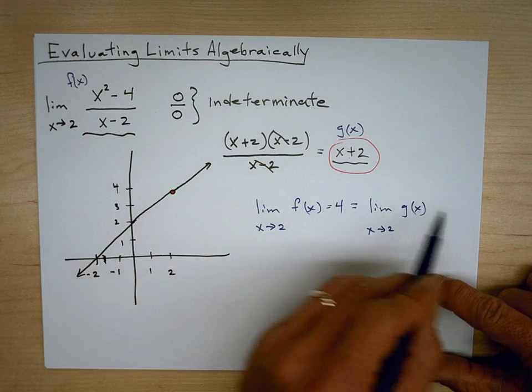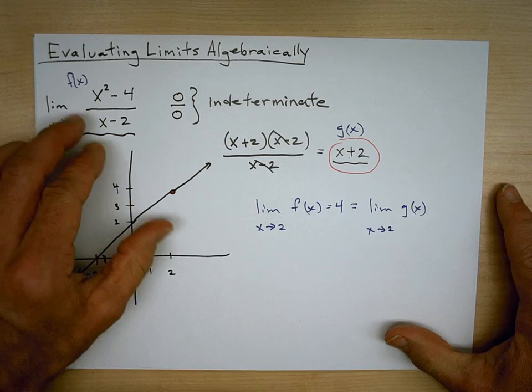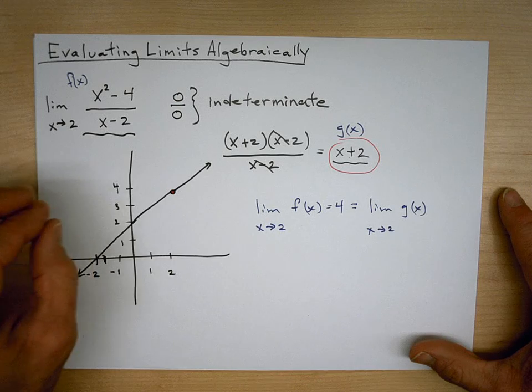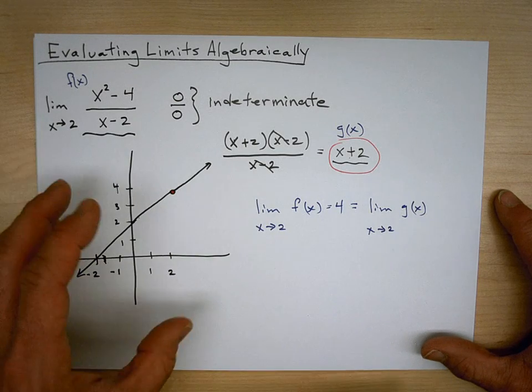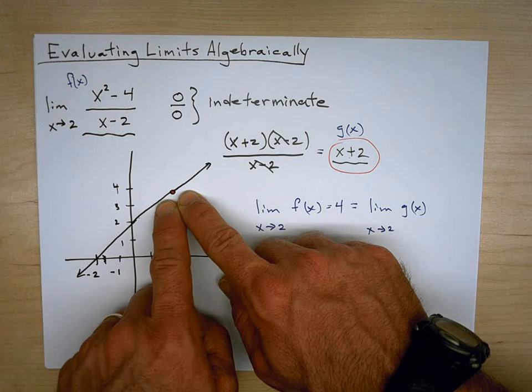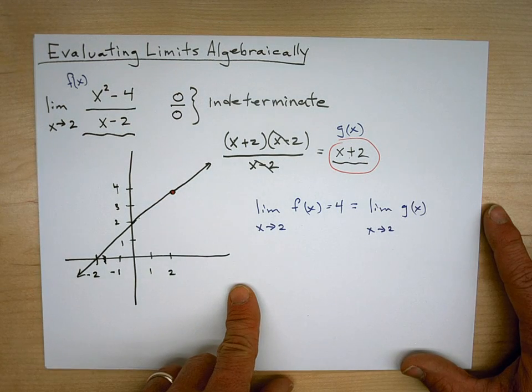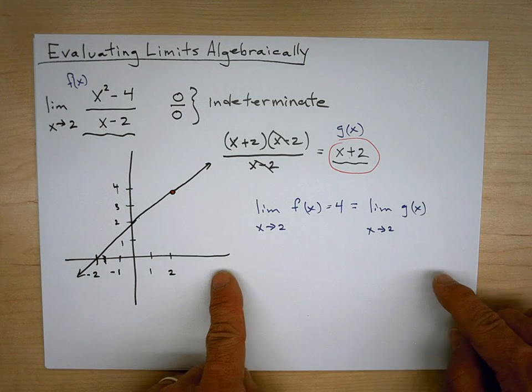The whole point of doing this algebraically is because sometimes the graphical method and the numerical method is somewhat kind of guesswork, right? We have to base it on the best graph that we can get. Or numerically, we can make a table of values, but ultimately we can only get so close, right?